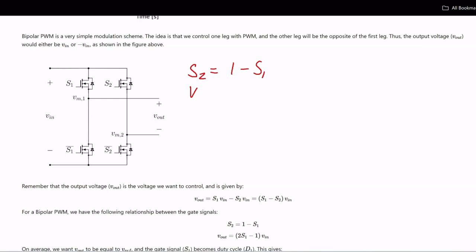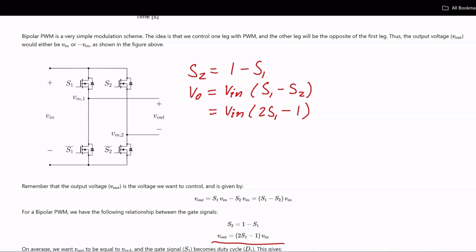And then we have that the output voltage is equal to the input voltage multiplied by S1 minus S2. And you can see now that if we insert for the gate signal S2 into the equation for the output voltage, we will get Vo equal to Vn times 2S1 minus 1. And this is also what I've written here, as you see.